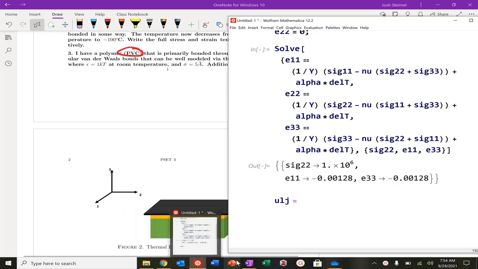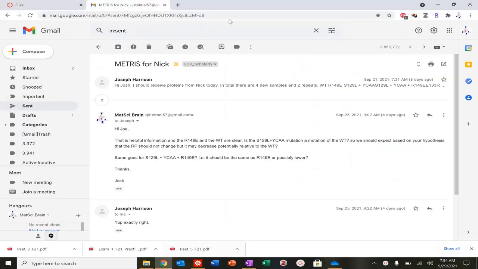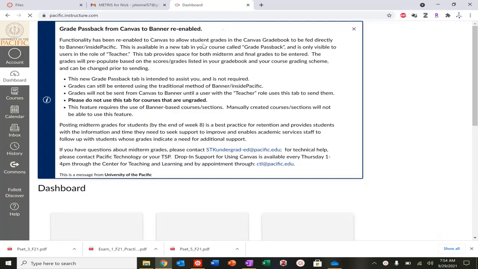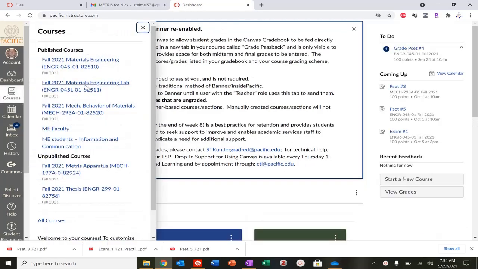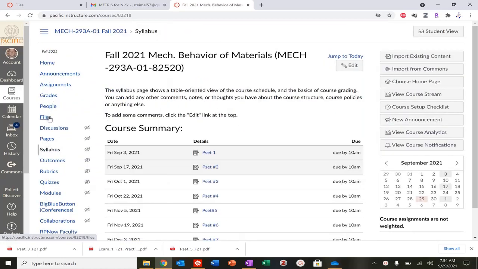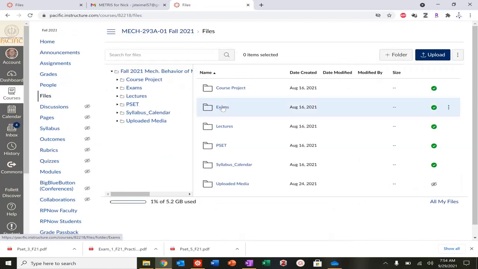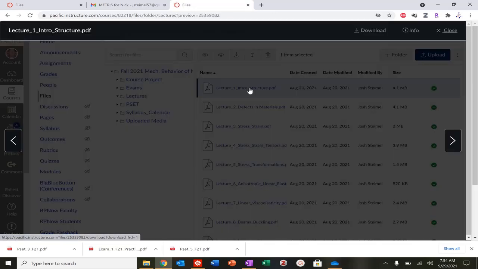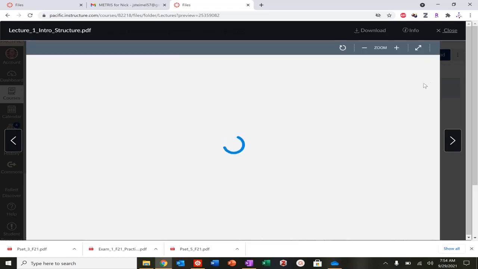Let's actually go into Canvas and look at our lecture notes. Let's find our Lennard-Jones potential, just to make sure we have our potentials all correct.